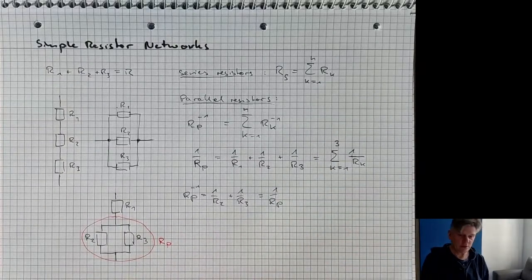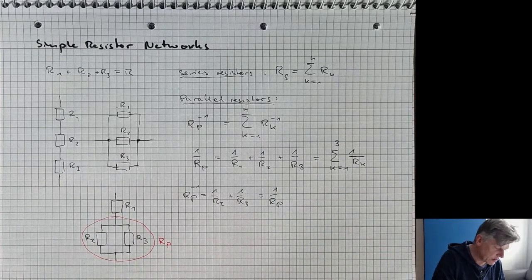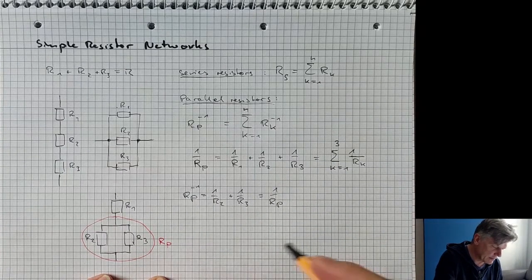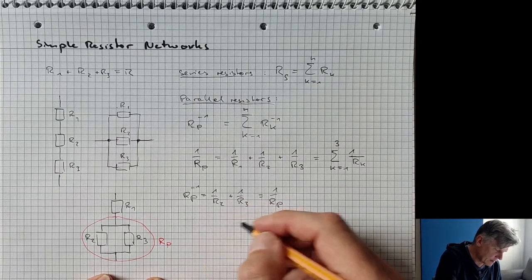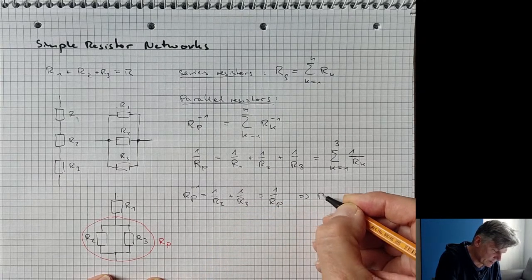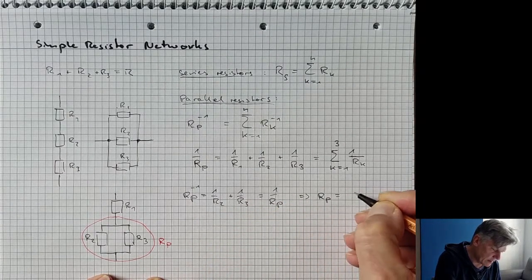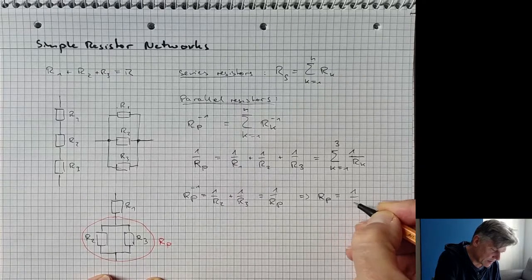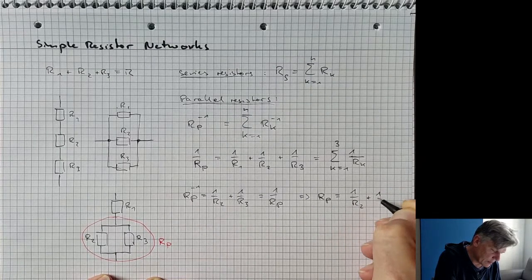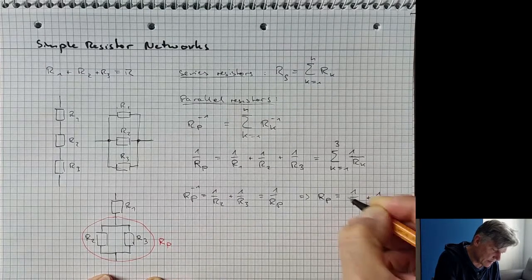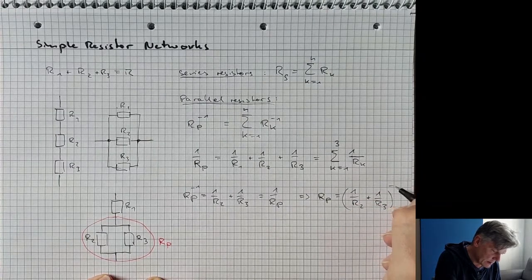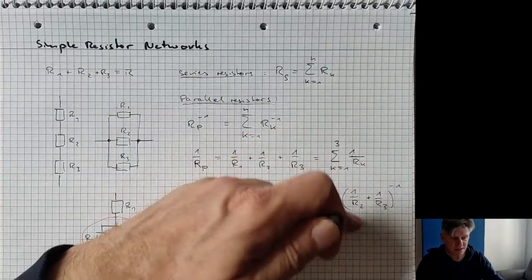Then you would need Rp itself, which means it follows that Rp is 1 divided by R2 plus 1 divided by R3, to the power of negative 1. So 1 divided by this, right?